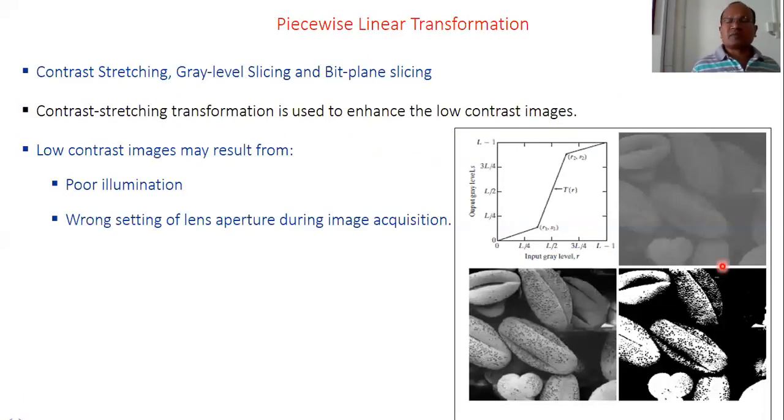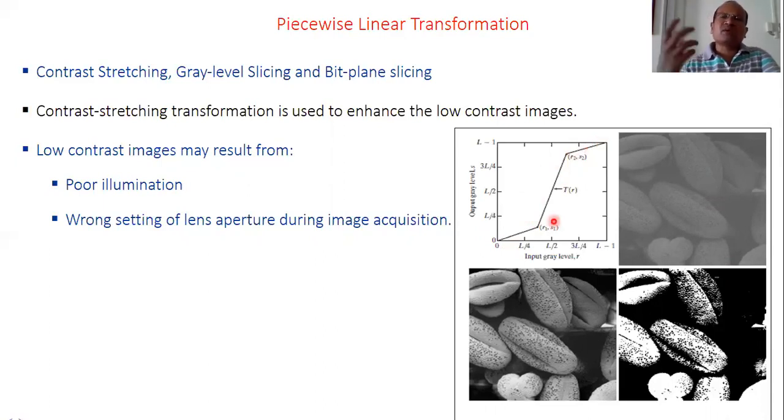Piecewise linear transformation. Piecewise, as its name suggests, is not completely linear, but piecewise. If you see the characteristic, the definition is all clear. There are three linear parts in the output input characteristic: first one, then second one, and then third one.